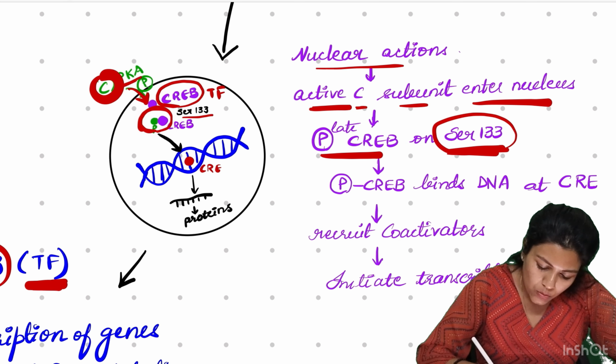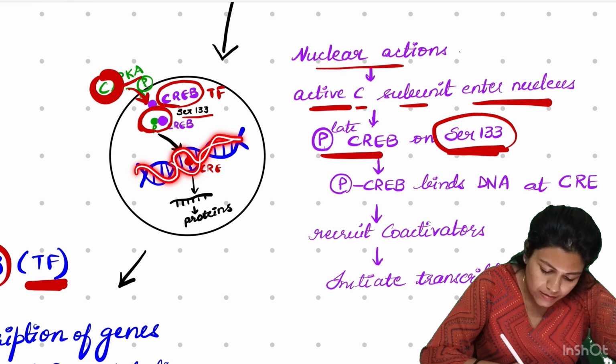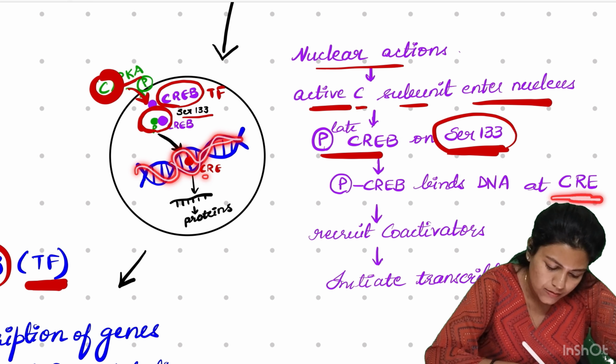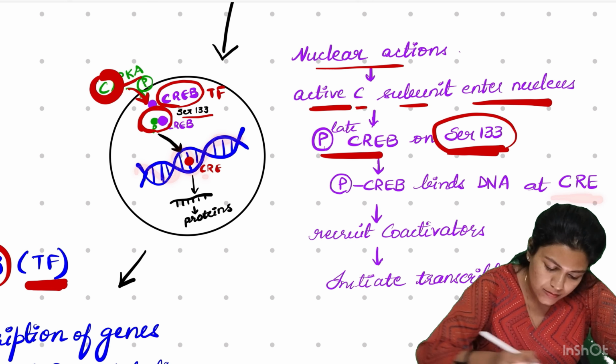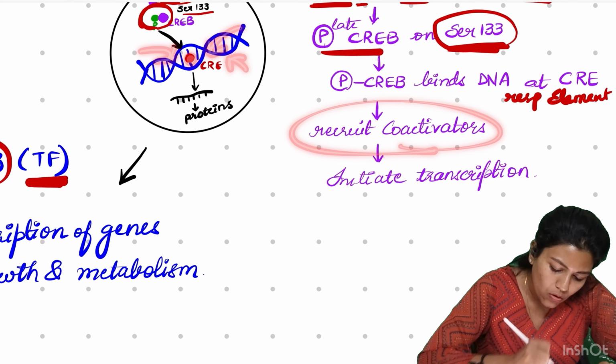Now it will bind to DNA at the CRE, that is the CREB response element. And it will also recruit other co-activators. Upon binding to this response element, it will add on other co-activators and cause transcription.